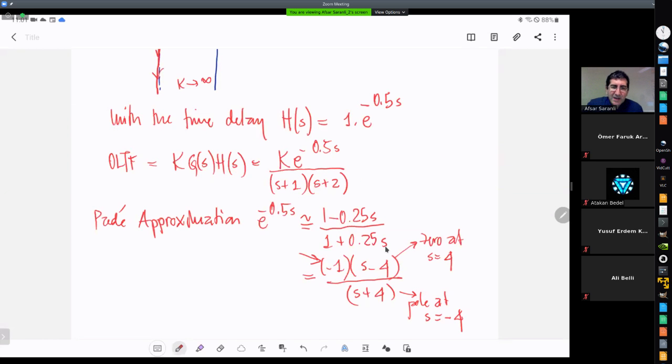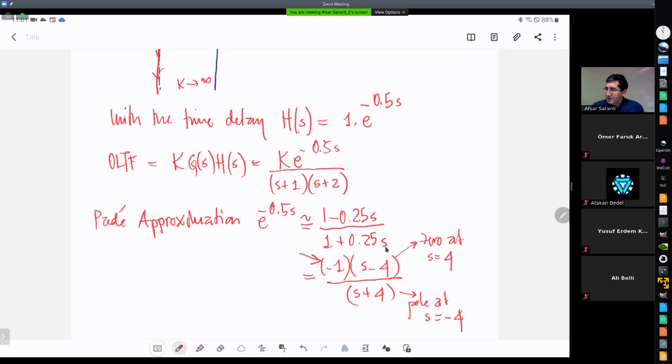So that actually complicates the root locus process just a bit. Because of this minus sign, in fact, as k goes through the positive range, minus 1 times k goes through the negative range.